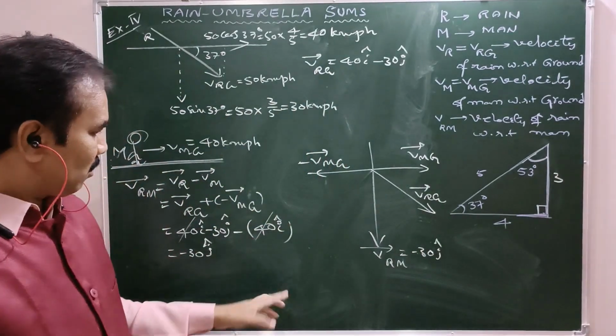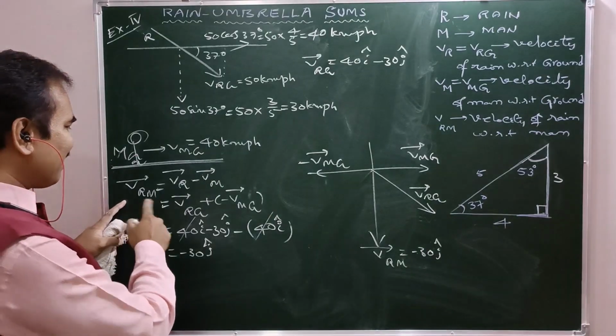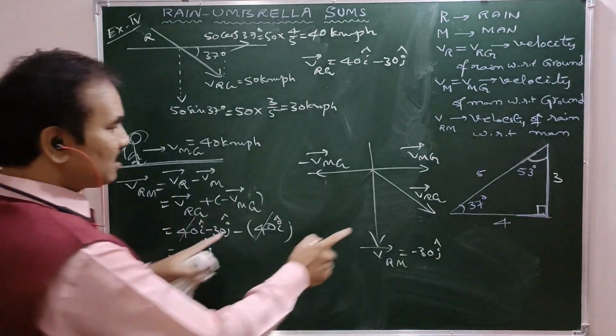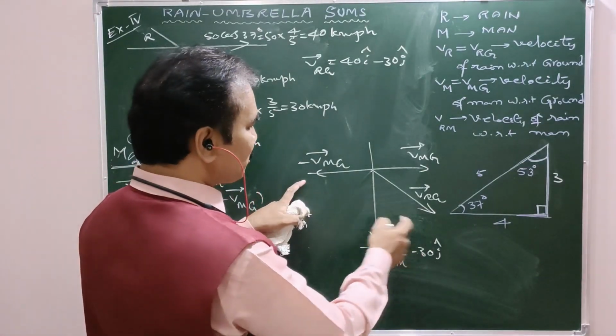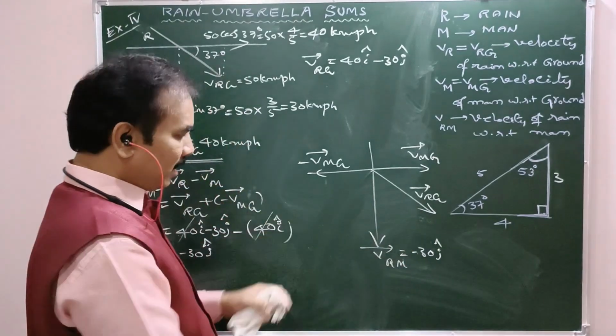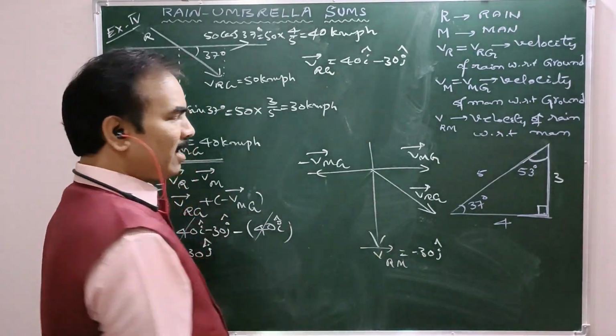So VRM is the resultant of VRG and minus VMG, these two parent vectors.